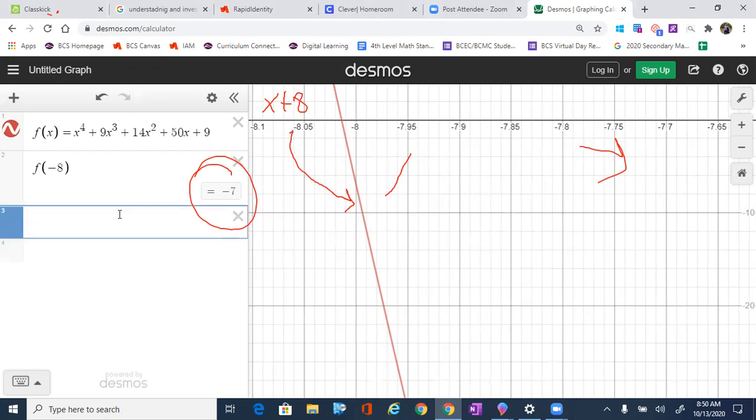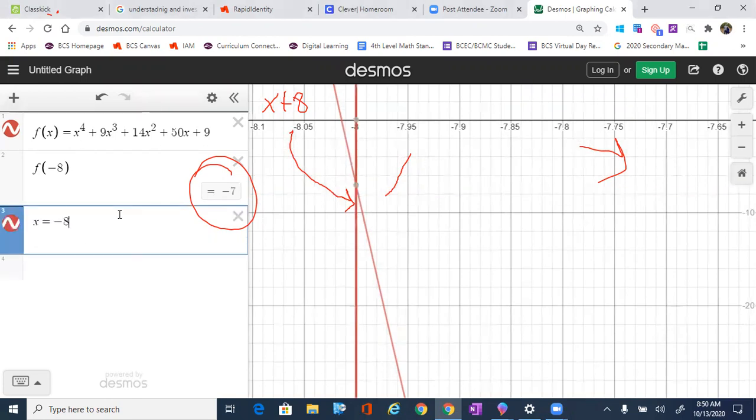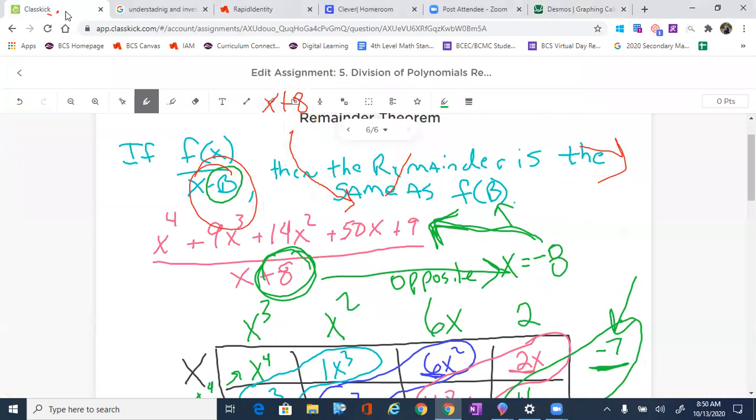In fact, if I put in x equals -8, it does in fact hit right there, showing us a remainder of -7. So once again, with the remainder theorem, we take that binomial that we're dividing by, which is in this case +8. We flip it over to its opposite and we plug it into the original function, and that will give us our remainder.